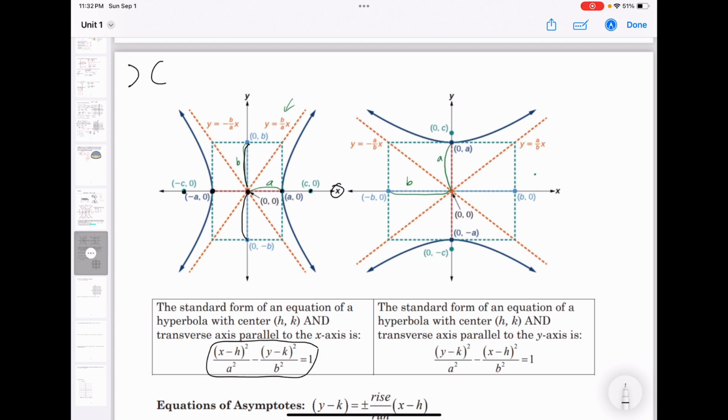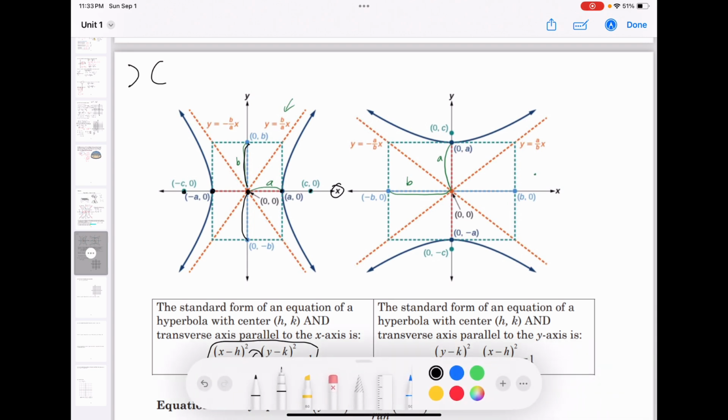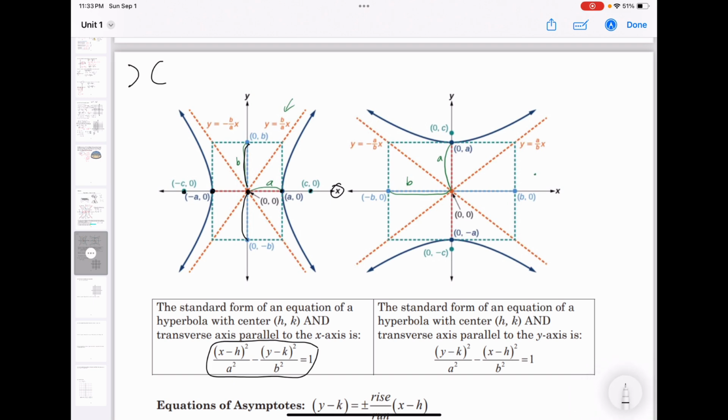For this shape of hyperbola, we have the equation: (x minus h) squared divided by a squared minus... The difference between the hyperbola and the ellipse is the sign here. The ellipse has both terms positive, but now we have a negative sign here. So a squared is under the positive perfect square.